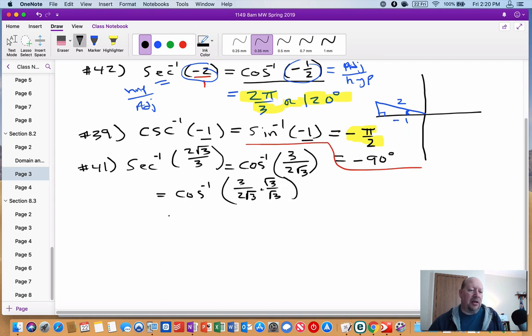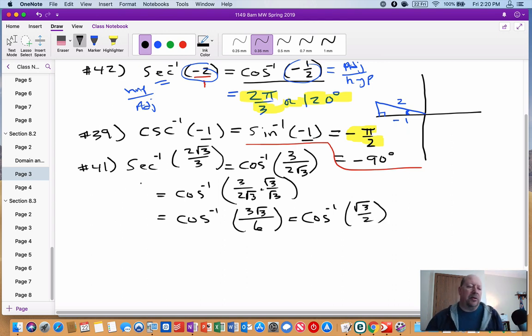Just working with that inside, try to simplify it. So it would be the inverse cosine of 3 radical 3 over, well, radical 3 times radical 3 is 3 in the denominator, times 2. So 2 times 3 is 6. And then that will simplify to the inverse cosine of radical 3 over 2.